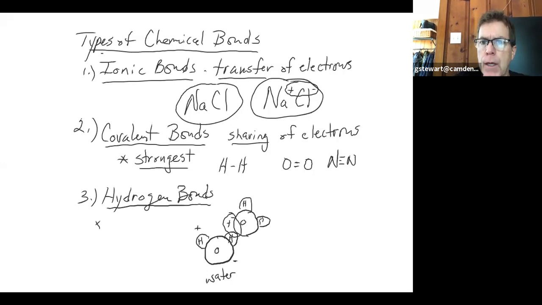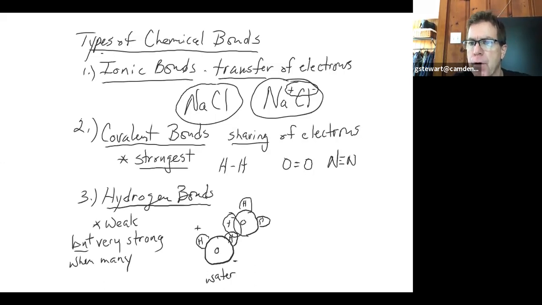These are very weak individually, but they become very strong when they multiply over millions and millions of these bonds. Very strong when many.